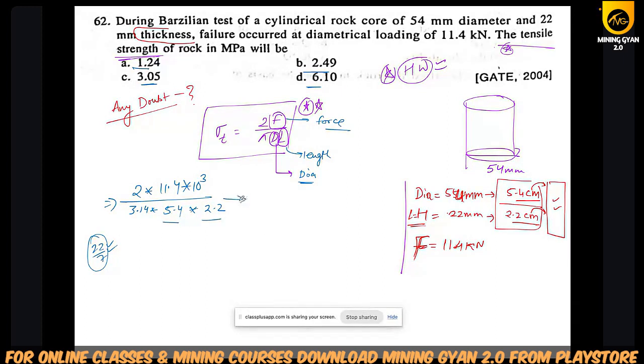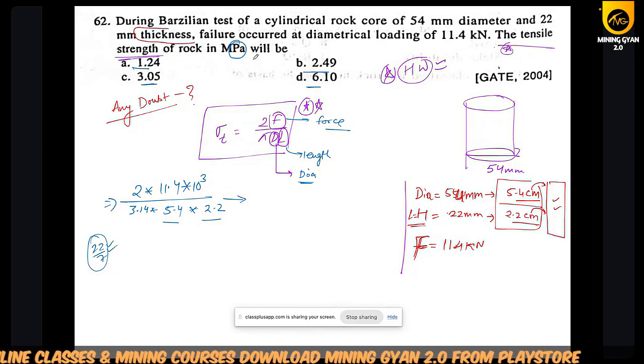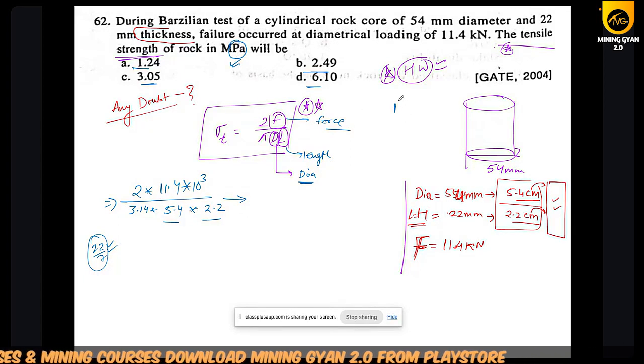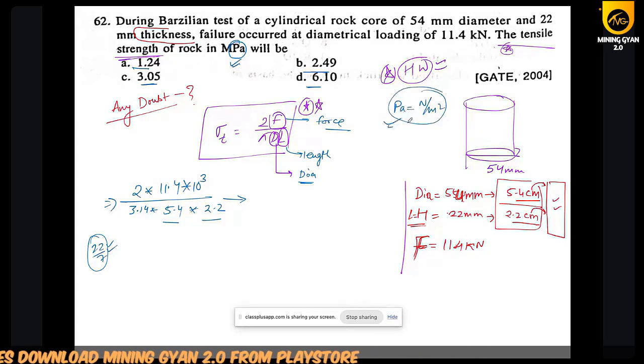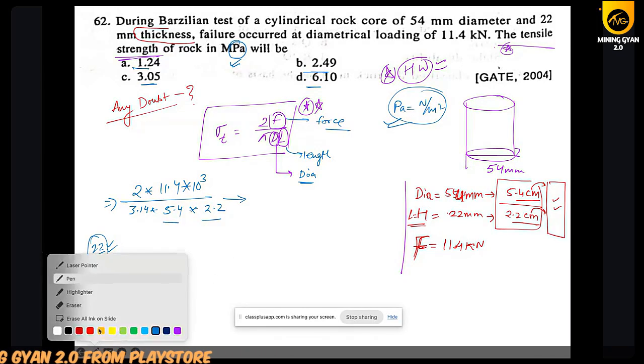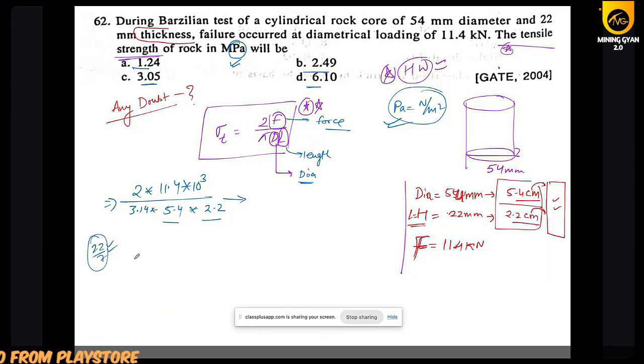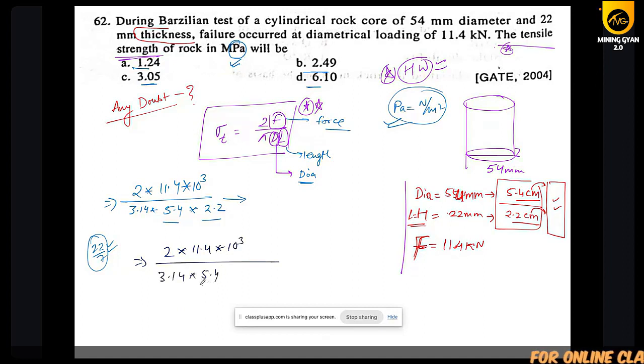Now he is asking to evaluate in Pascal. What is the Pascal? 1 Pascal equals Newton by meter square. So we need to change this into meter, है ना. So how will you solve? Just 2 into 11.4 multiplied by 10 to power 3, divided by 3.14 into 5.4, which was in centimeter.